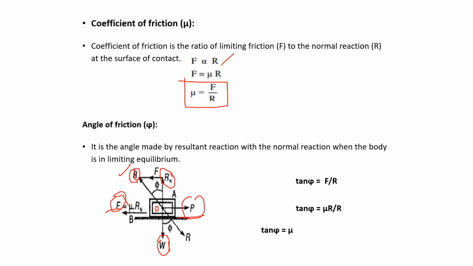And this R makes an angle phi with the normal reaction RN. This angle will reach its maximum value when the body is in limiting equilibrium. This maximum angle is called the angle of friction or limiting angle.